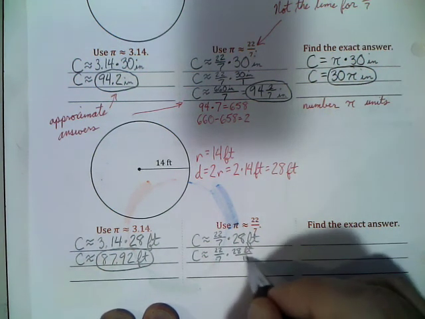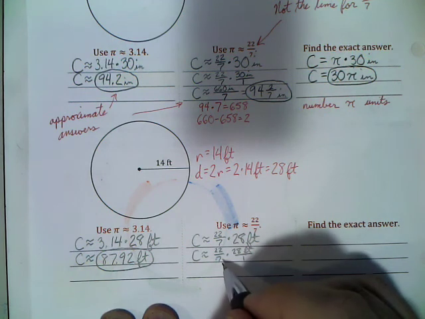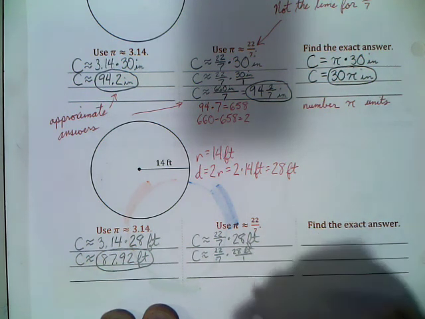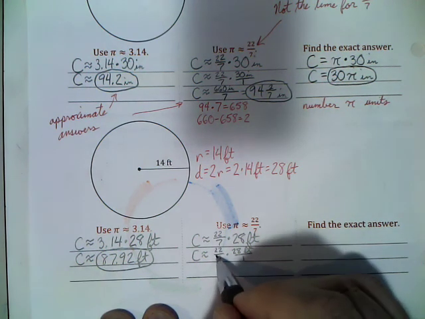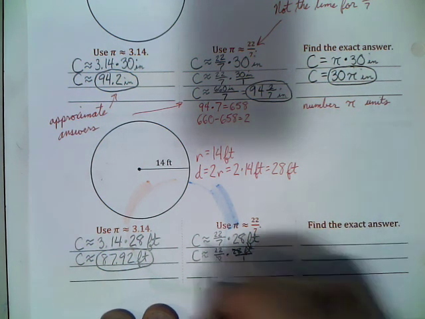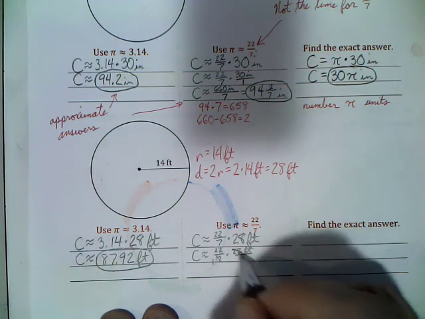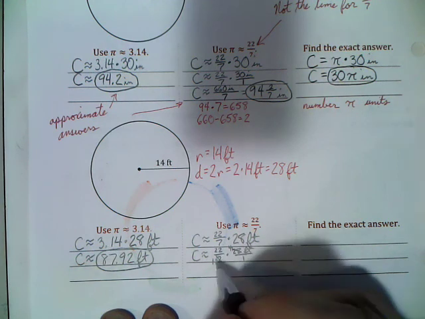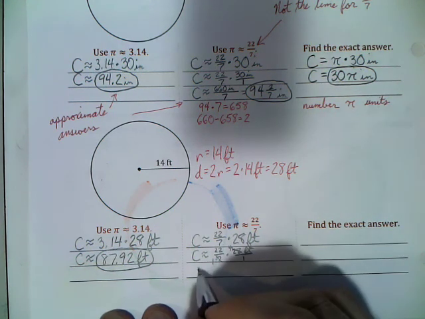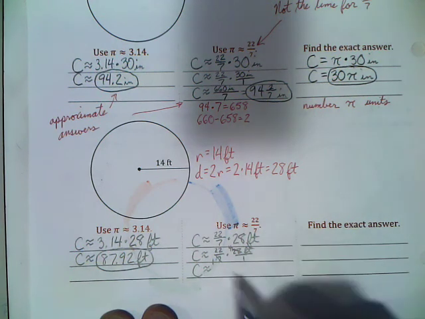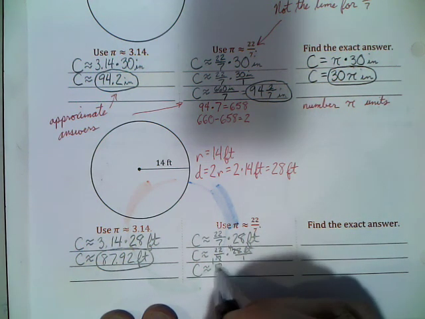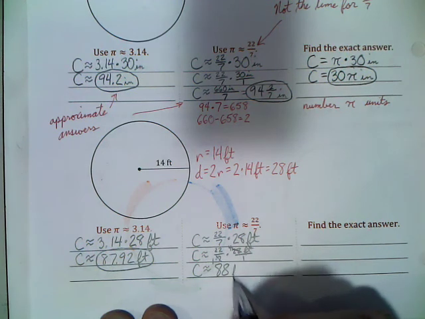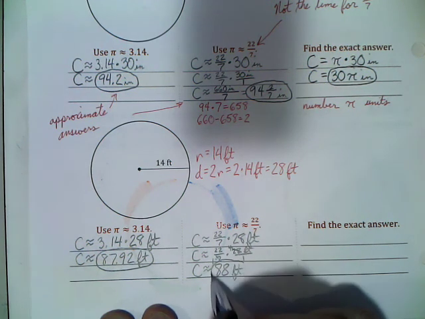So 1s can't reduce. A 7 does not reduce with a 22. However, a 7 does reduce with a 28. So if I reduce my 7 and my 28 by 7, 7 goes into itself once, 7 goes into 28 4 times, and now I have all 1s on the bottom, which means that my answer is going to be a whole number. So 22 times 4 is 88, and feet are my units.